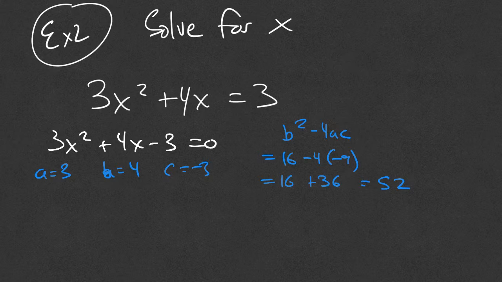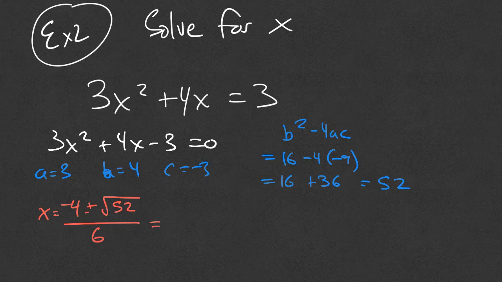That's not a perfect square, so this will have two solutions, but I can't factor it, so I'm going to have to use the quadratic formula. So I'll go with x equals negative b, so negative 4, plus or minus the square root of the discriminant, the square root of b squared minus 4ac, 52, all over 2a. 2a would be 2 times 3, which is 6.